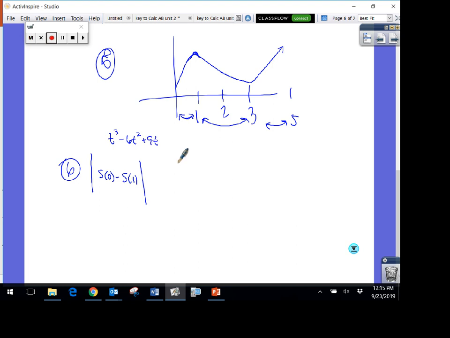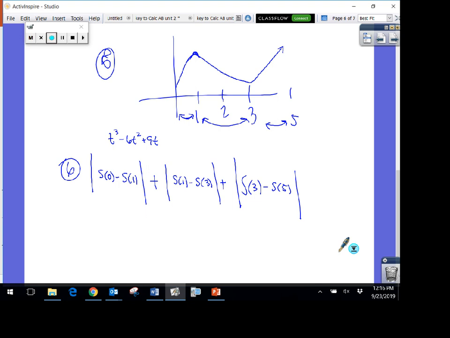So that's what we're plugging into right there. Then we need the position from 1 to 3. And then we need the position from 3 to 5, because it said the first 5 seconds.